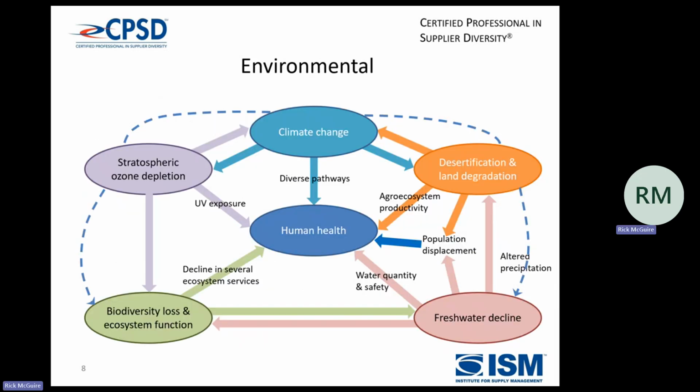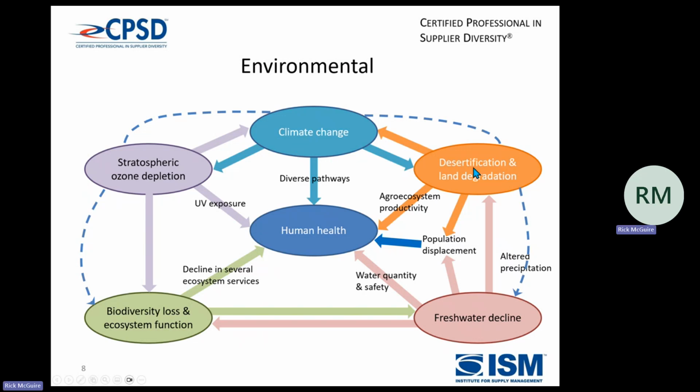So here's a little map on climate change and human health. Climate change and stratospheric ozone depletion lead to biodiversity loss and ecosystem function decline in several ecosystem services. UV exposure is not good for human health. It also induces climate change.